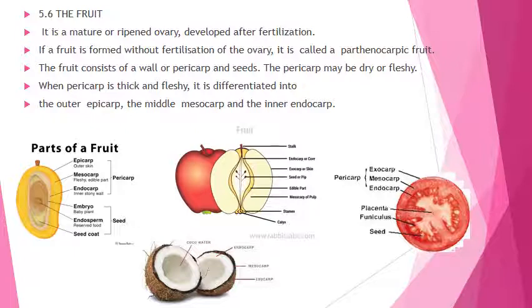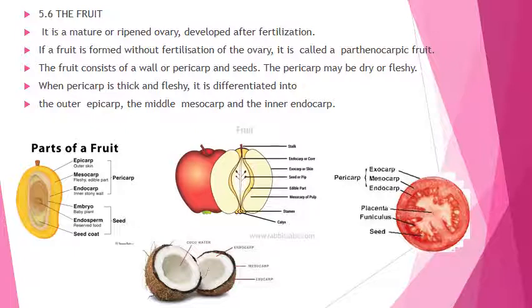Here we are displaying four types of fruits. The first one is mango, the second one is apple, then tomato and coconut. In the mango, if you cut the section, you will find that the epicarp is the outer wall, then the mesocarp which we eat.